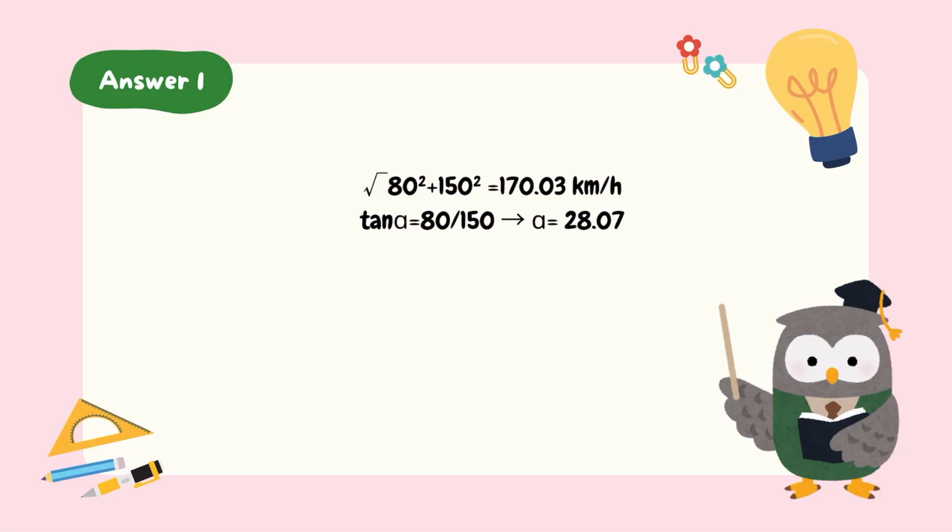So the result is the square root of 80 squared plus 150 squared, which equals 170.03, and the tangent of alpha equals 80 over 150, which gives 28.07.